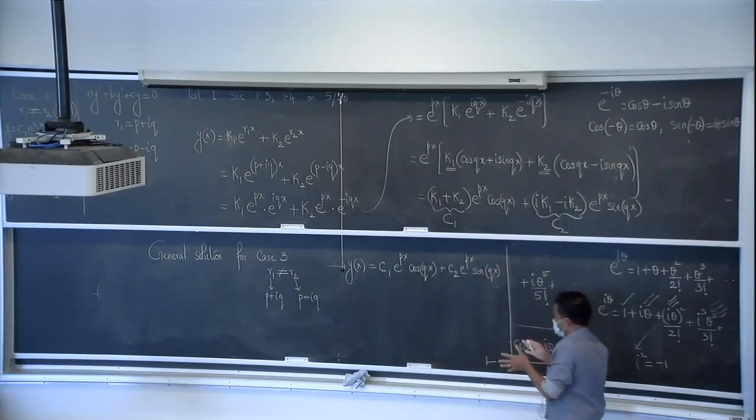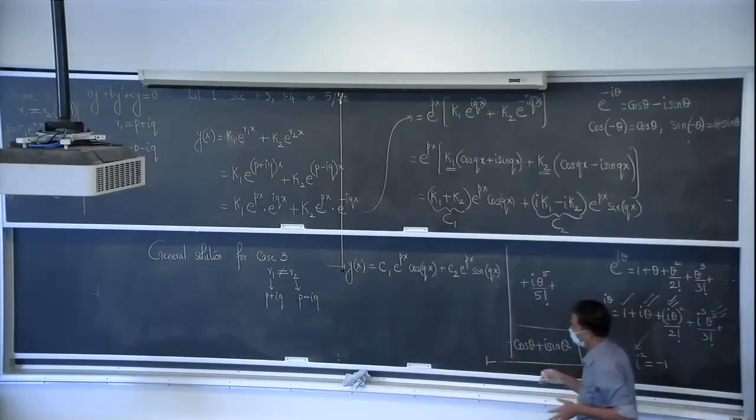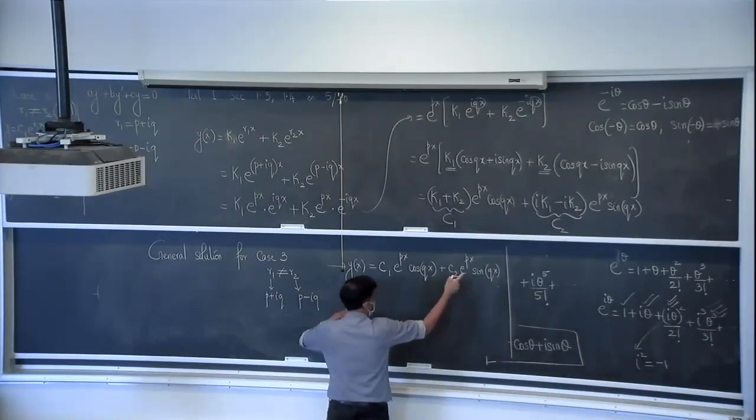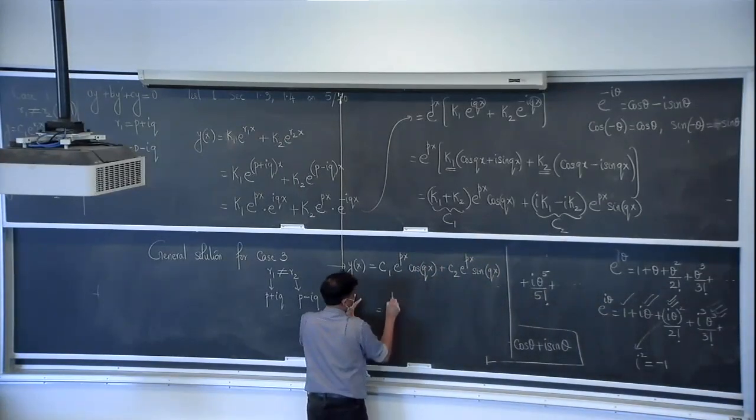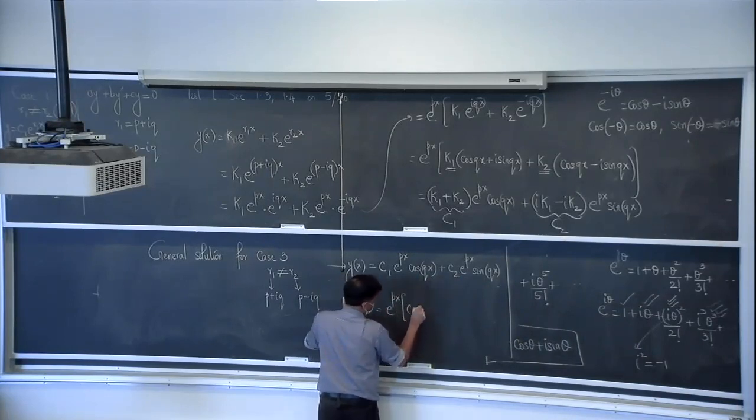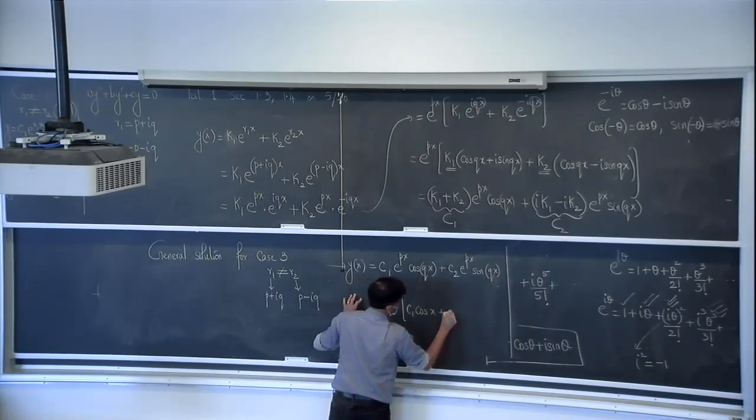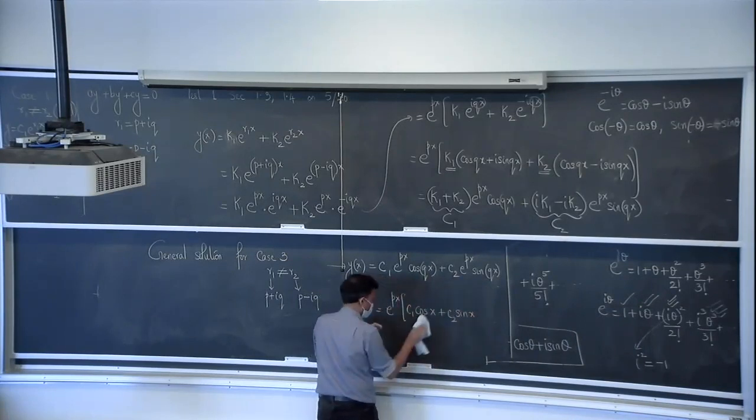It tells you that these functions are oscillatory in nature. You can factor e to the power of px if you want to and write it as C1 cosine qx plus C2 sine qx.